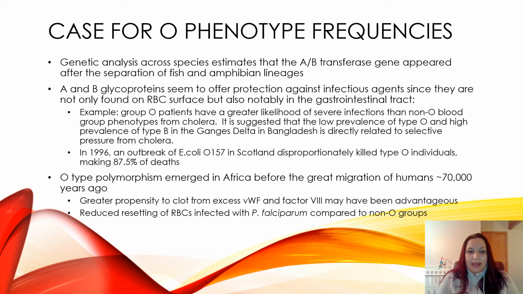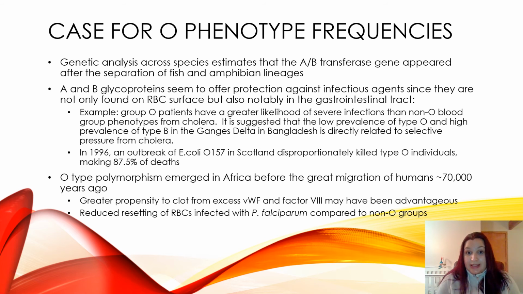So why is type O so prevalent? It's theorized that the type O polymorphism emerged in Africa before the Great Migration out of Africa about 70,000 years ago. And the type O polymorphism does have a couple of advantages. It has a greater propensity to clot from excess von Willebrand factor and factor 8.